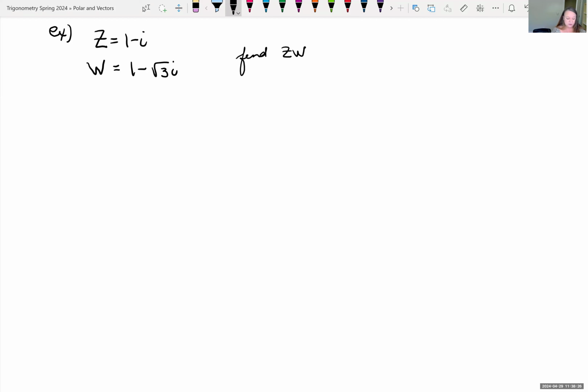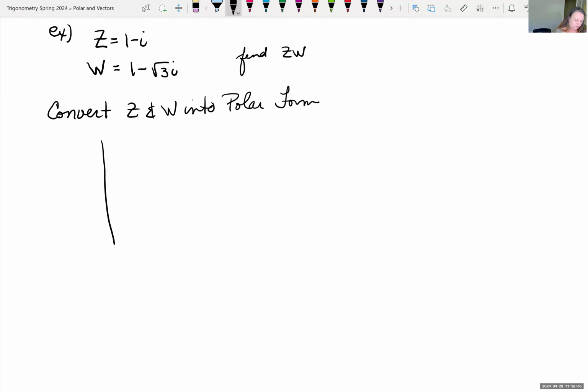I think the easiest way to do this is to first convert z and w into polar form. Okay, so I have 1 and a minus i.